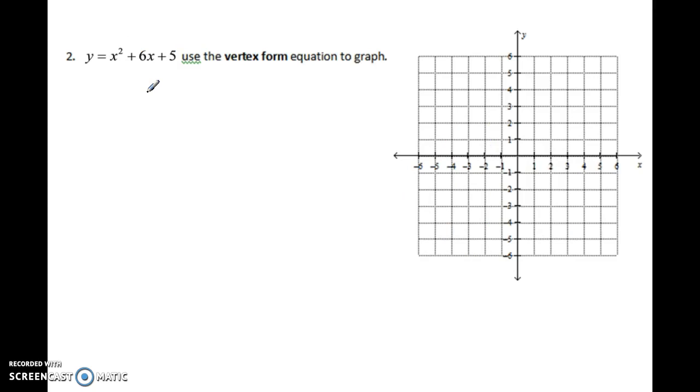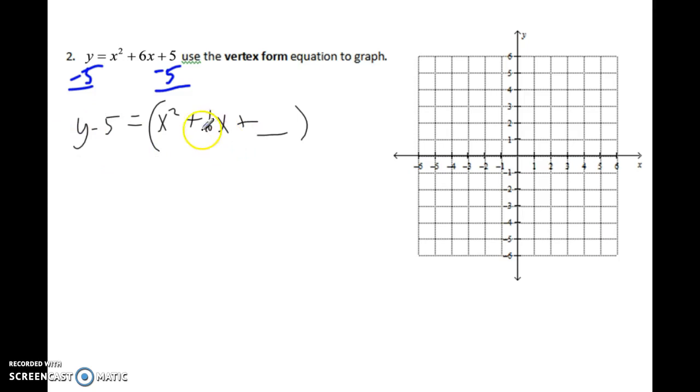So now let's try to make this into vertex form. Again, going back to the complete the square method. So I'm going to subtract 5 from both sides. I get y minus 5 equals x squared plus 6x plus blank.